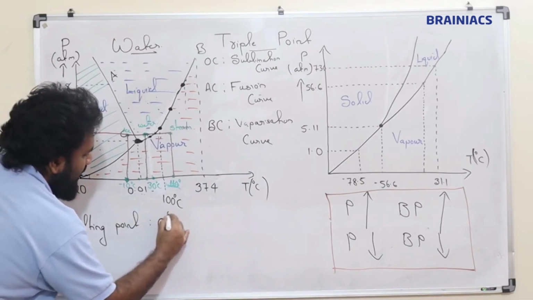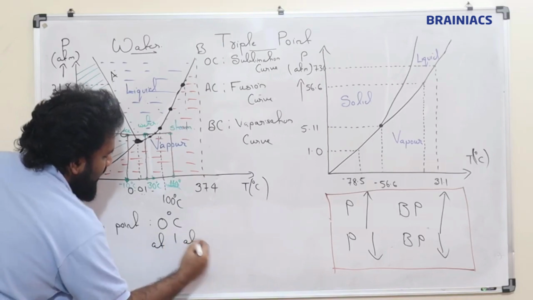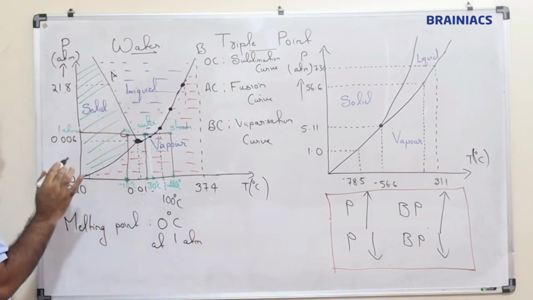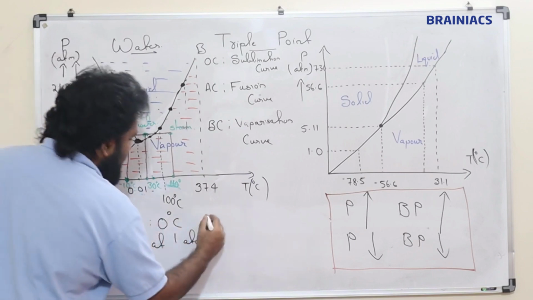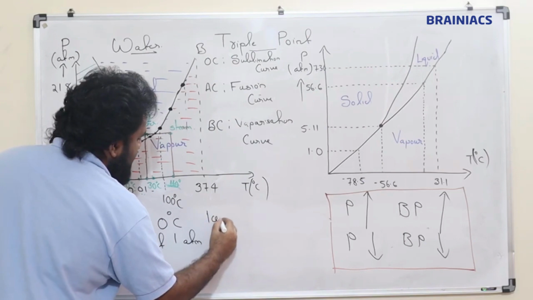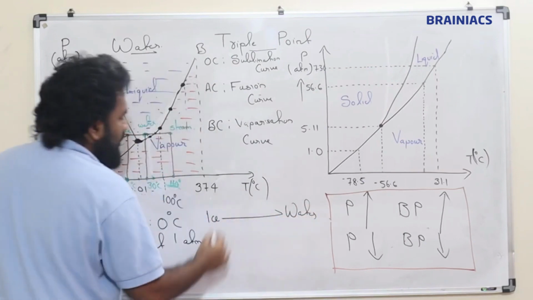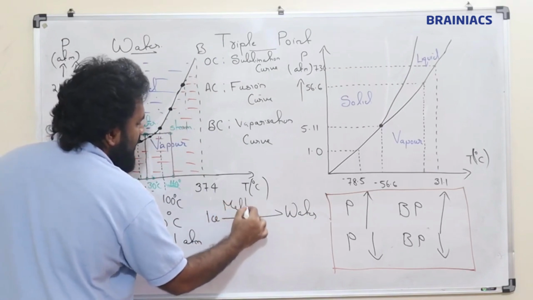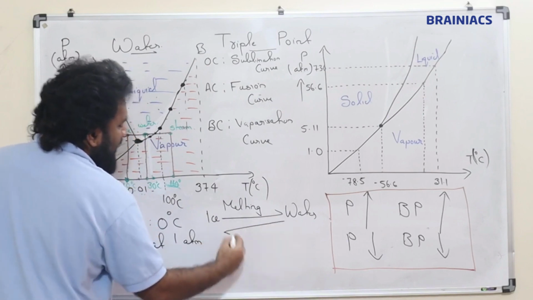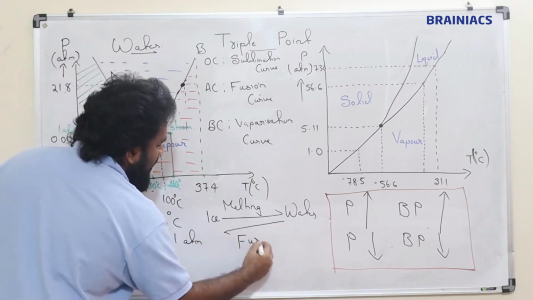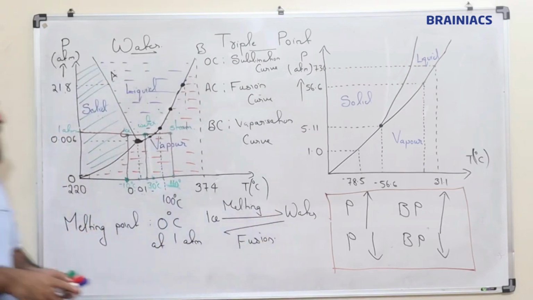So melting point is 0 degrees Celsius at 1 atmosphere, for water. What is that actually? Ice will convert into water at the melting point. So this process is called what? Melting. Now the reverse process, water will become ice. This is called fusion. Clear?